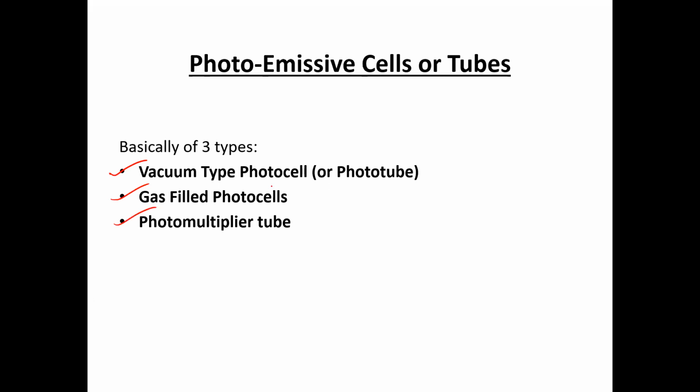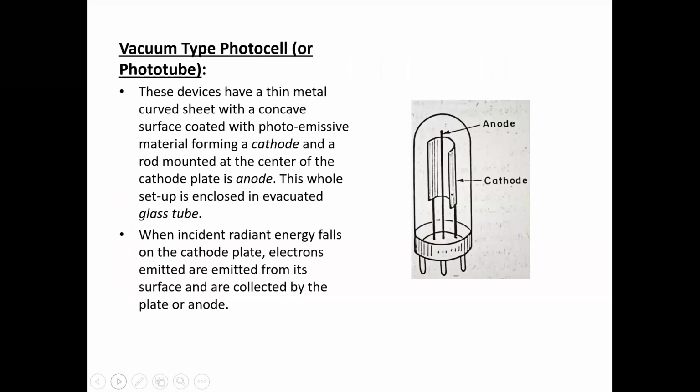First, I will start with the operation of the vacuum type photocell, and later I'm going to proceed with the gas filled photocell and the photomultiplier tube. What are the modifications in the later designs, and what are the advantages or disadvantages?